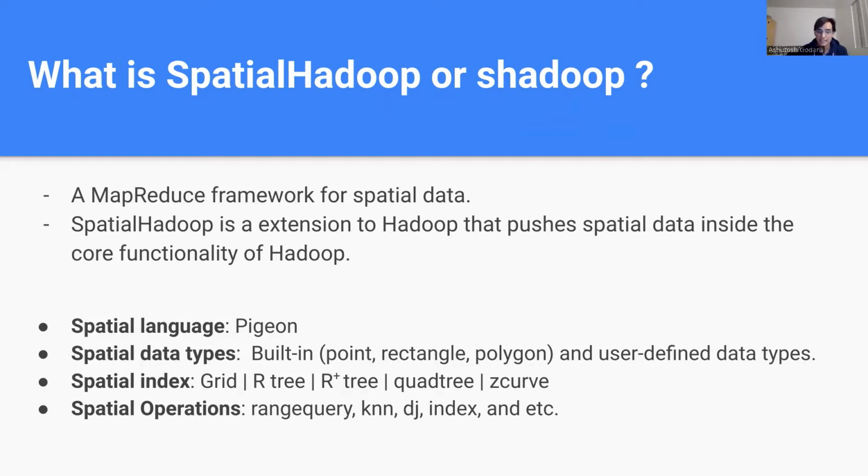Spatial index support includes grid, R plus tree, quad tree, and Z-curve; Spatial Hadoop supports all of these spatial indexes. Apart from that, the main thing is spatial operations. Spatial Hadoop supports the majority of spatial operations, so I'll show these operations in my demo.